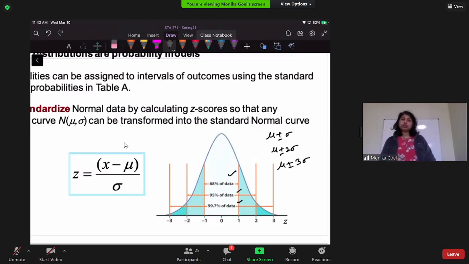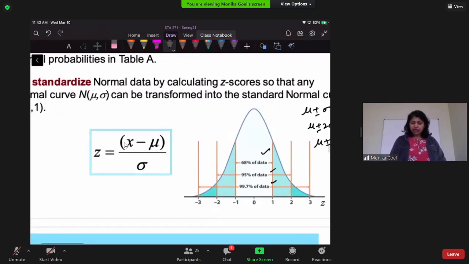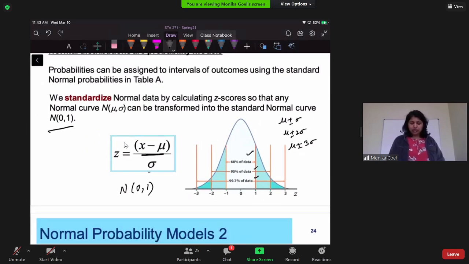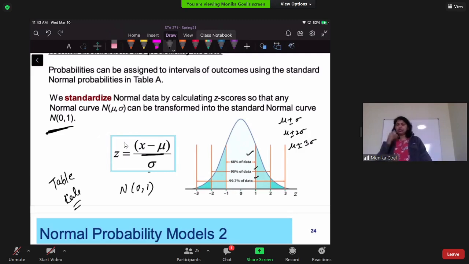We also use the standardized normal table, table A, where we standardize our z, which is x minus mu over sigma, and we use normal distribution with mean 0 and standard deviation 1, and calculate the corresponding area, either using the table, or using a calculator with normal CDF. Exactly the same thing we are doing here.